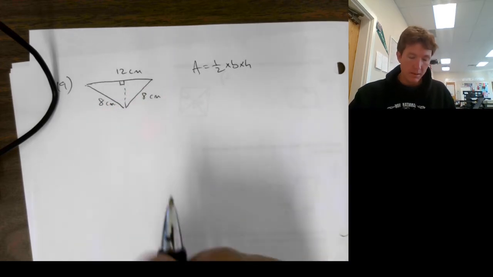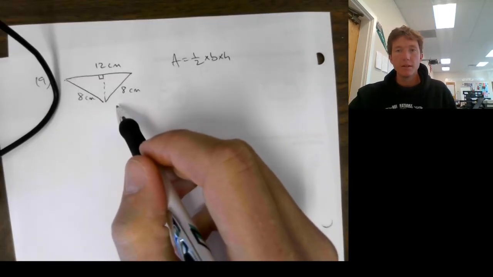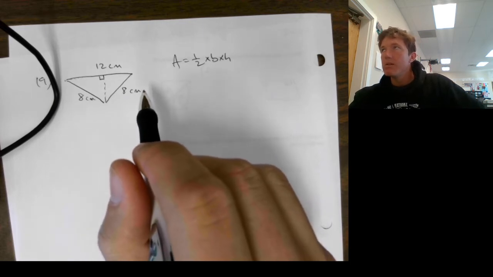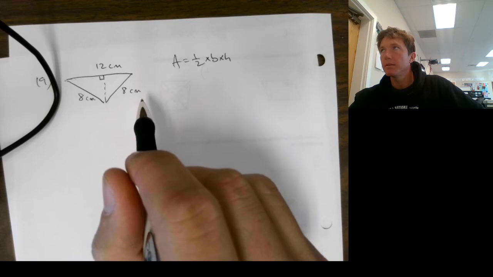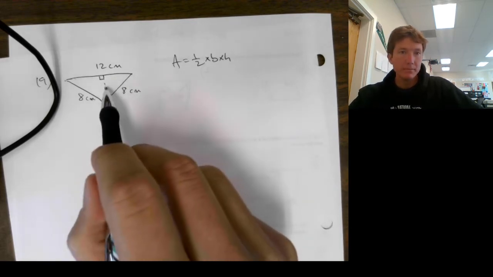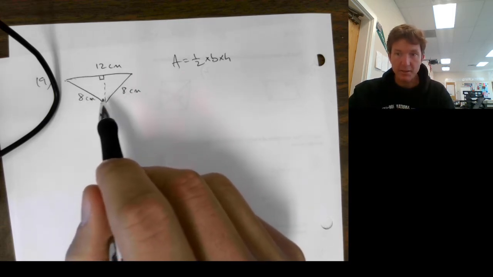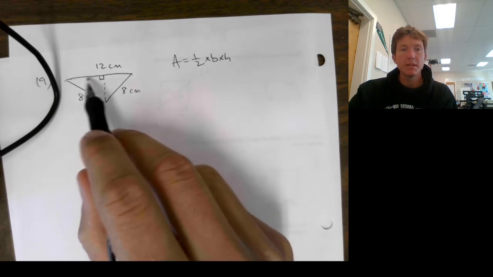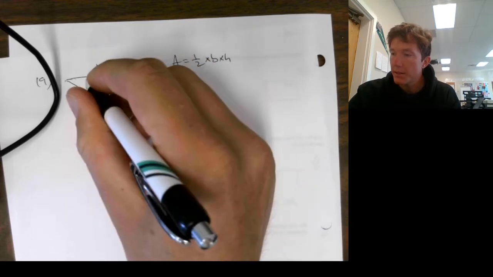Okay, according to the, what theorem was it? Perpendicular bisector theorem of a segment. So since these two legs are the same length, that means that this perpendicular bisector will cut this segment in half, meaning that this is 6 and this is 6.